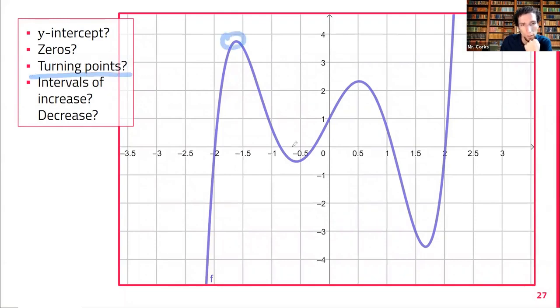Okay, so 1, 2, 3, 4. Let's number them here. 1 and 2, 3, 4. So number 1, is that a maximum or a minimum? It's maximum. Okay, so maximum. Number 2, what type is that? It's minimum. Minimum, okay. 3 is a maximum, 4 is a minimum. Let's start with number 3.